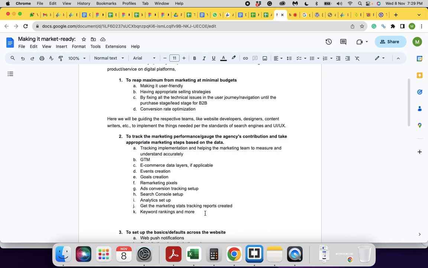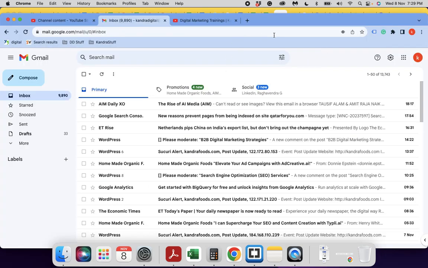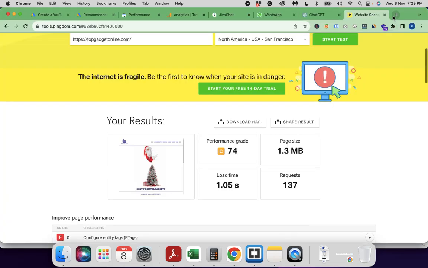You were also telling Google Page Speed Insights something. My question is, what is Google AdWords? And also one more is called Google Insights. So Google Page Speed Insights, we have discussed it. Google Page Speed Insights is a tool to check the performance of your website, and Google Ads is the Google ad platform which we have discussed.